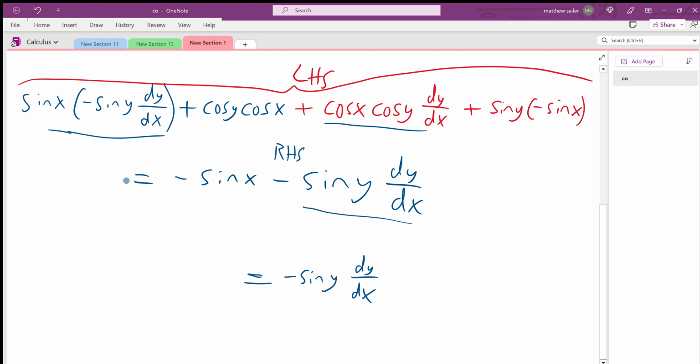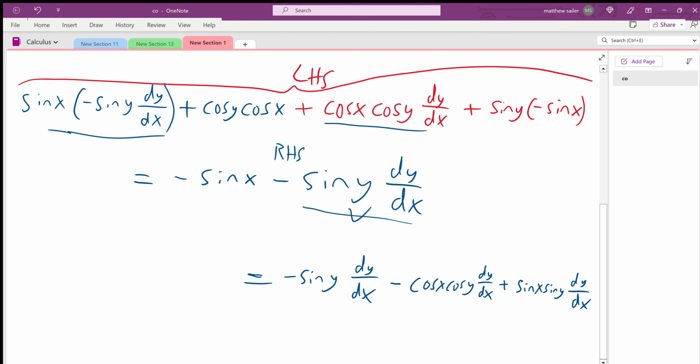And then I'm going to move this to the other side, which means it becomes negative, so minus cosine of x cosine of y dy dx. And this, it already has a negative, so this is going to be positive. So we have plus sine x sine y dy dx.